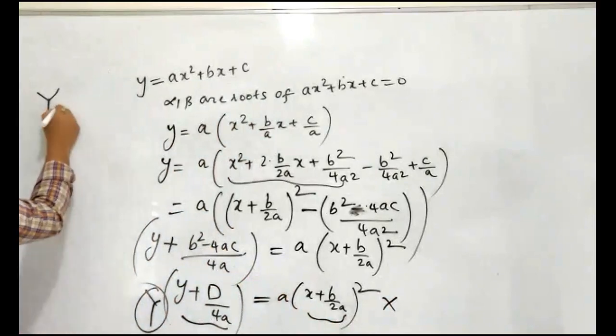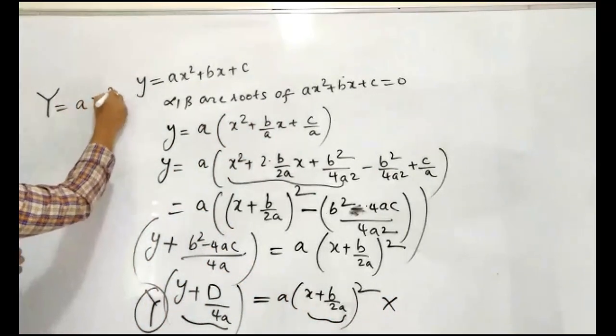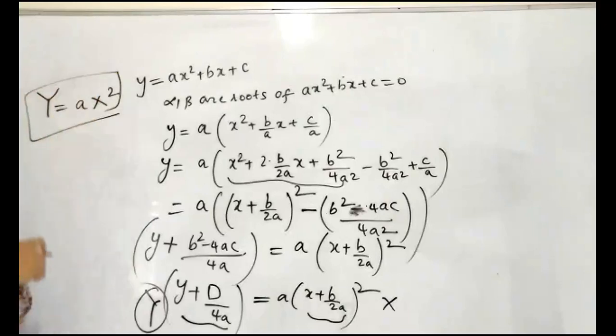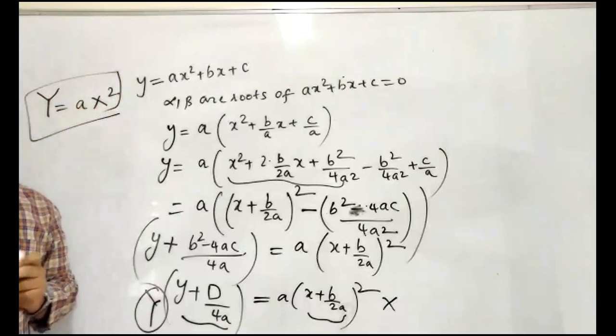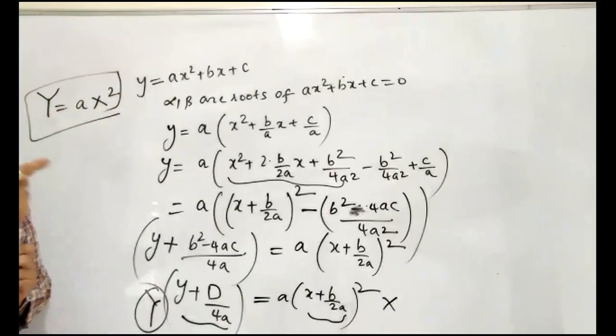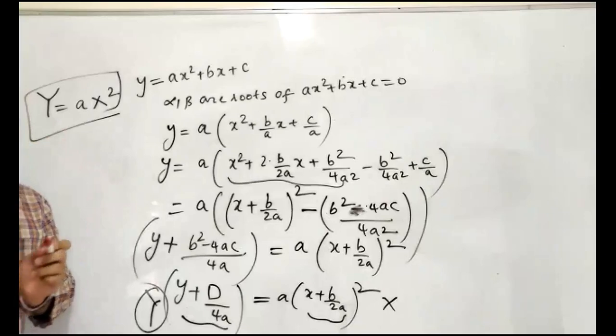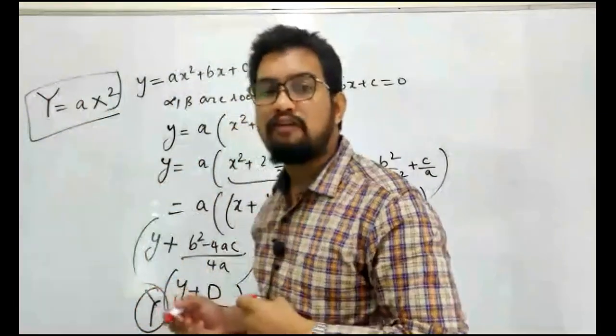So what you get is y is equal to a into capital X square. You are getting an equation of the form y is equal to a into capital X square. Already we have discussed the graph of the quadratic.